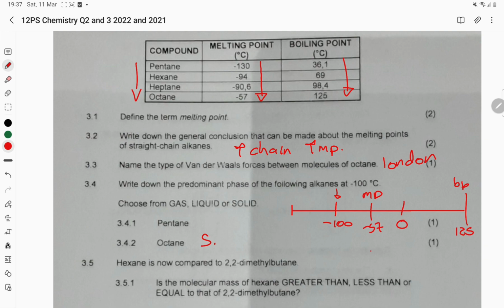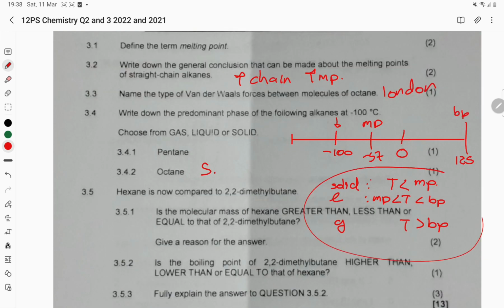Let me give you a little summary here. It's a solid if the temperature is less than the melting point. Think about ice: if the temperature of the freezer is less than the melting point of water, then you'll have ice. Liquid is where the temperature lies between the melting and boiling point.